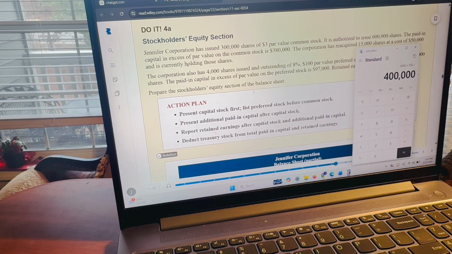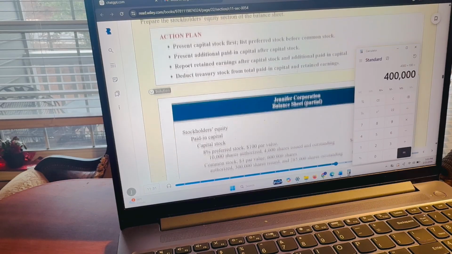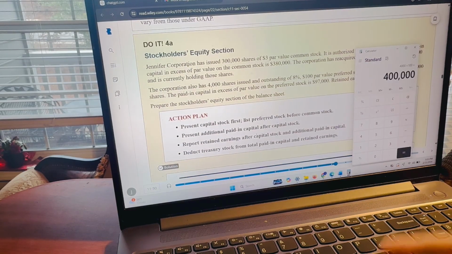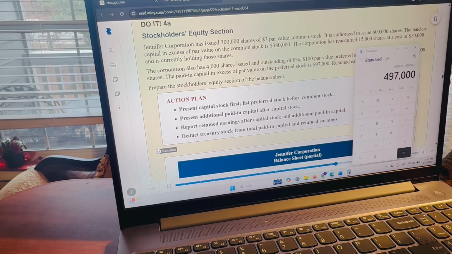Then to determine the total price per share, which again is composed of both the par value and the additional paid in capital, so that's the amount above par value, we take that 400,000, which we got by multiplying 4,000 times the $100 par value, and we add the paid in capital in excess of par, which is 97,000, to get total paid in capital, which is, remember, both your par value and the APIC.